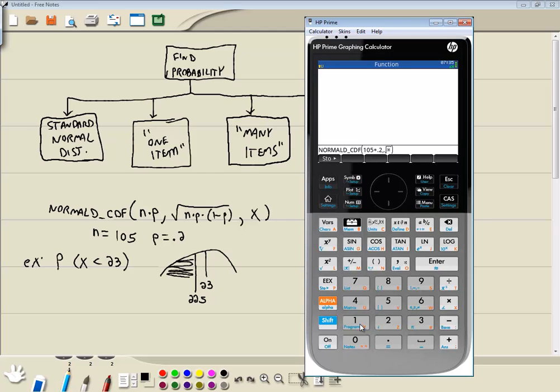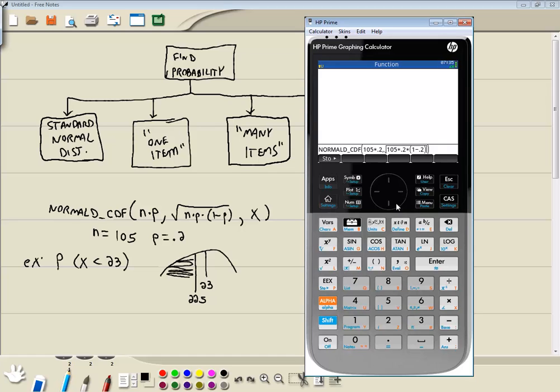And then we want n, which was 105, times p, which is 0.2, times, and then I'll put a parentheses here, and then I'll do 1 minus 0.2. You could also simply just put 0.8 there. If that's 20%, then this has got to be 80%. Now notice where my cursor is. I'm going to do a right arrow to get it out of that parentheses. I'll do another right arrow to get it out of the square root.